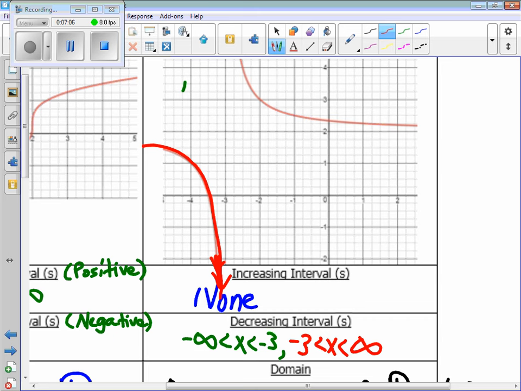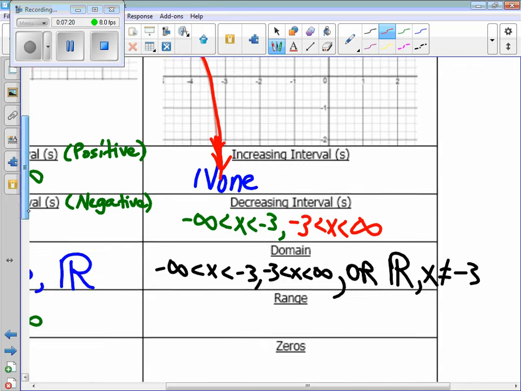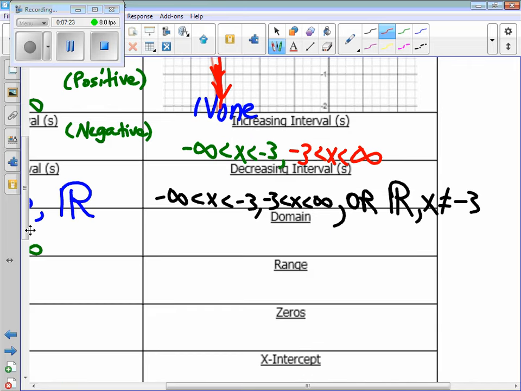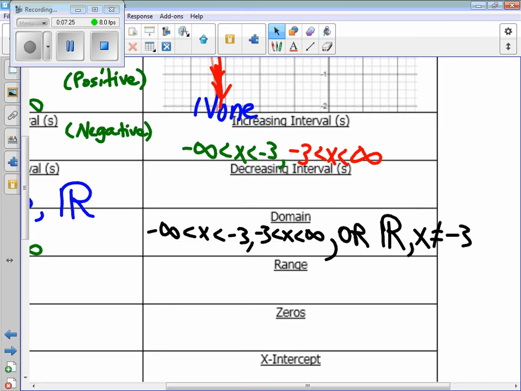So it's curving to this asymptote right here. That's the imaginary line the graph cannot cross. It's at y equals 2. So the range is going to be from negative infinity less than y, we're talking range, to negative 2.